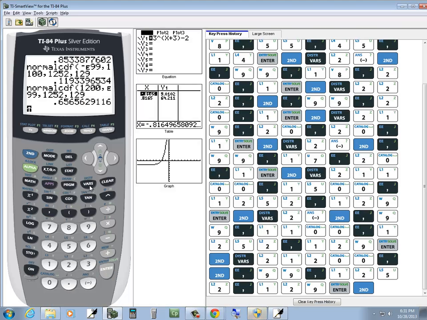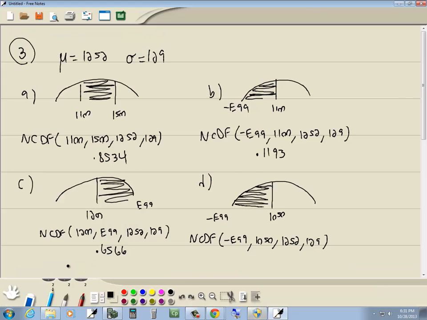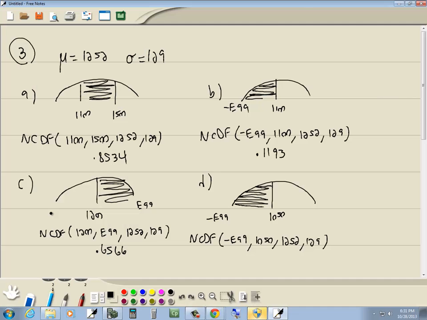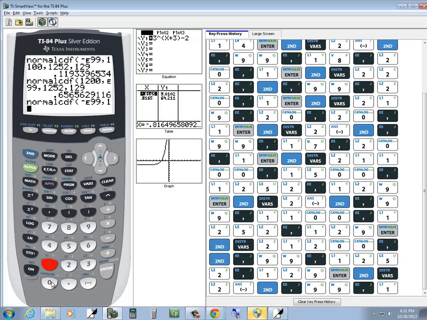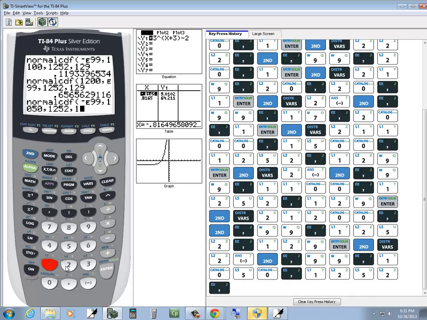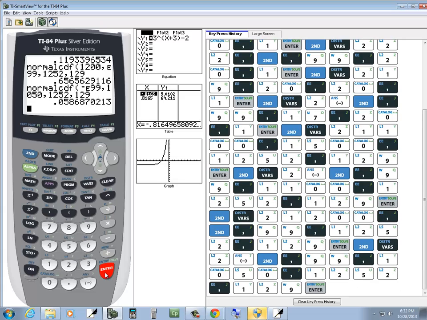So do 2nd VARS, choose normal CDF, negative E99, comma, 1050, comma, 1252, comma, 129. 0.0587.